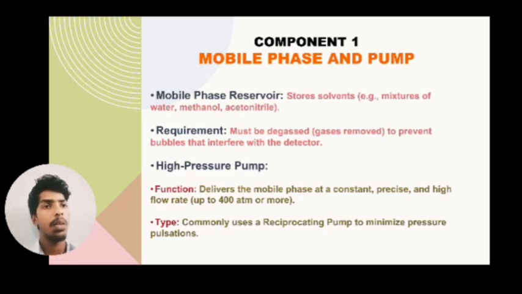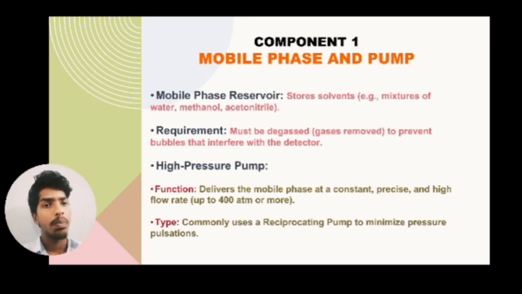Component 1: mobile phase and pump. The mobile phase reservoir stores solvents, like mixtures of water, methanol, acetonitrile. Requirement: it must be degassed to prevent bubbles that interfere with the detector.